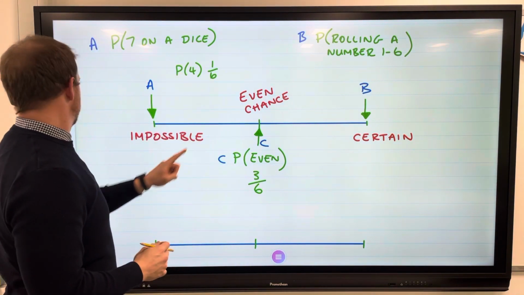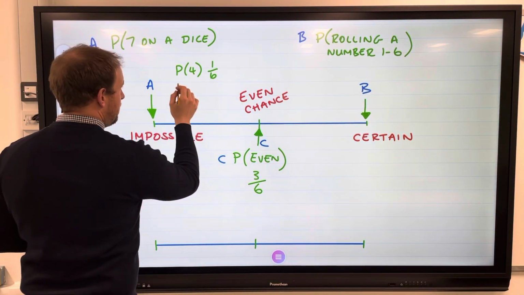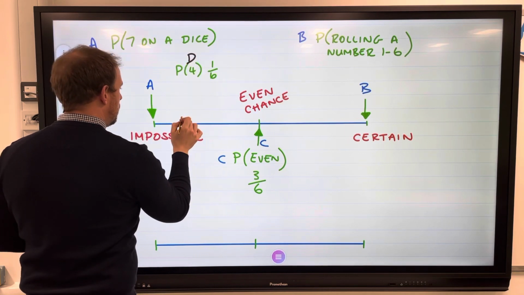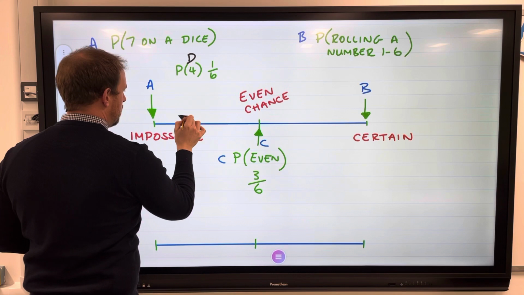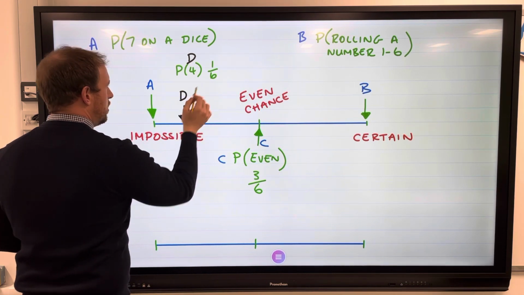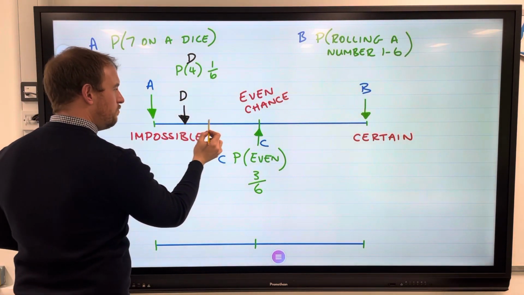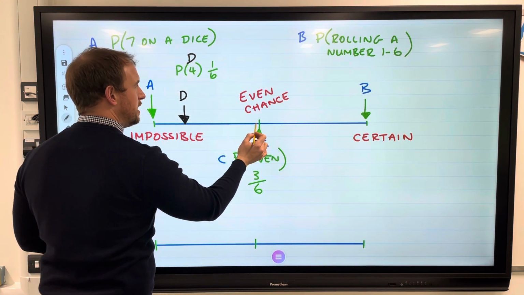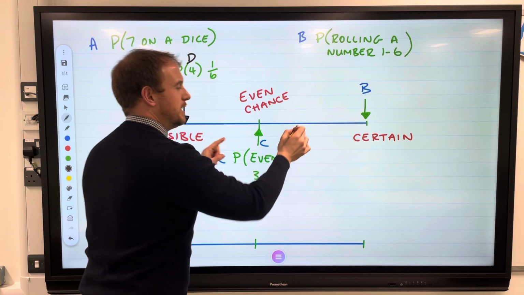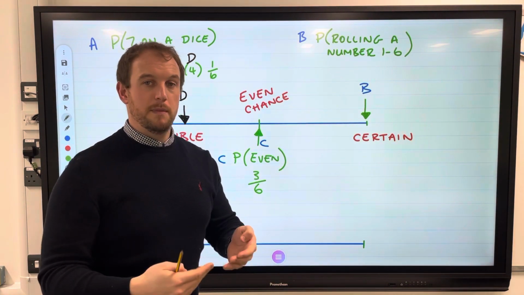So 1 out of 6, if this was question D, would be here. Because if this is 1/6, then roughly around here would be 2/6, and then 3/6. You can see I've divided it into 6 as an approximation in my head.